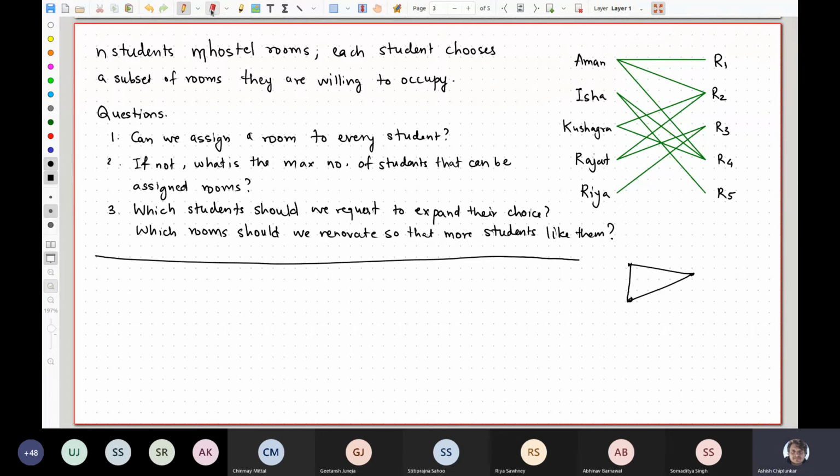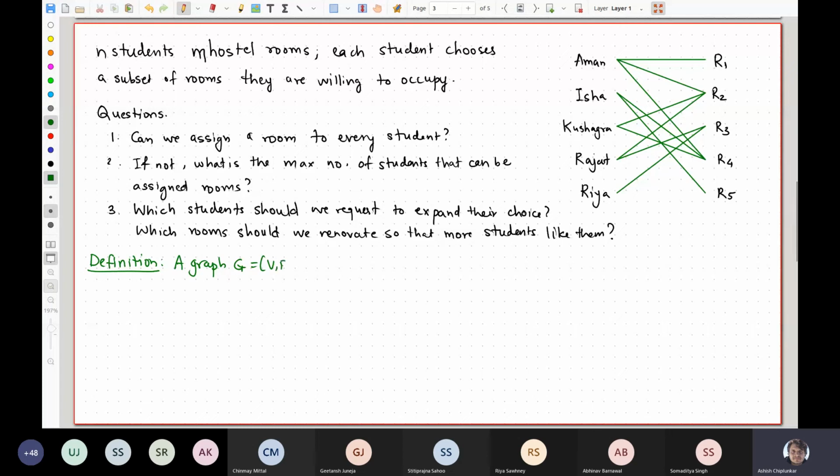So let us give such kind of graph some name, which represents this situation. Definition: a graph G equal to (V, E) is called bipartite, right?